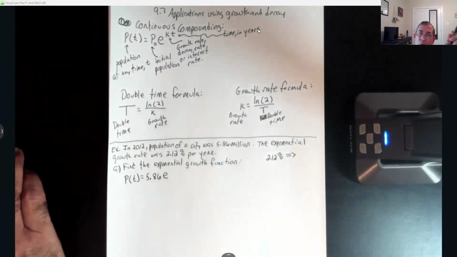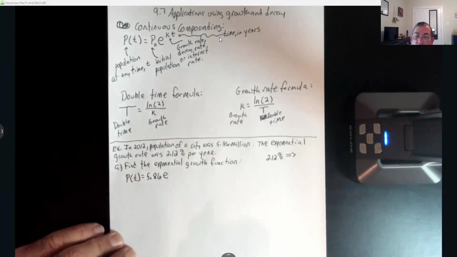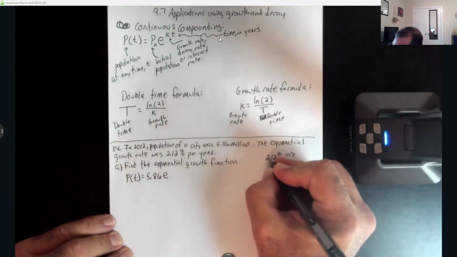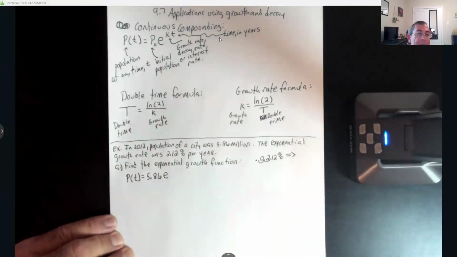Because remember, when we use these formulas, we need everything written in decimal form and not percent. So yeah, just convert that over. So what are y'all putting up there? 0.0212, good job.